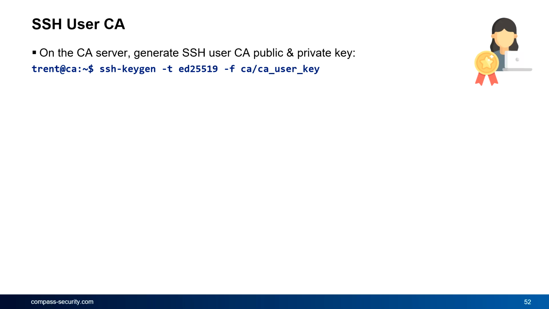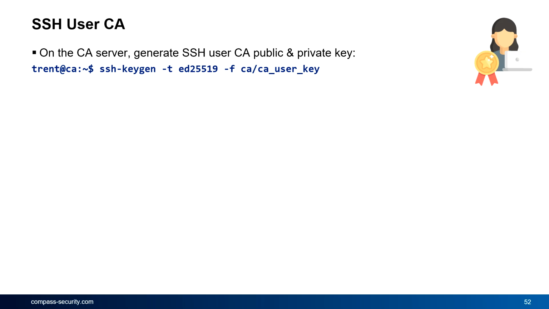The same can be done using an SSH user CA for user authentication. This means all the servers don't have to trust all the different public keys of all the different users. They just have to trust the CA public key. So you don't have to install a lot of users' public keys on your servers.